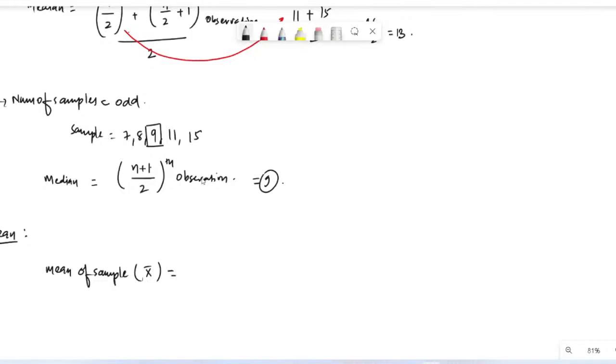And this will be given by the sum of samples, i equals 1 to n, divided by n. N is your number of samples. So we sum over i equals 1 to n samples, and then divide by the number of samples.